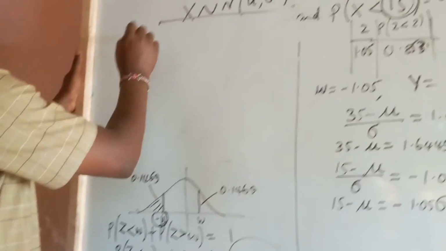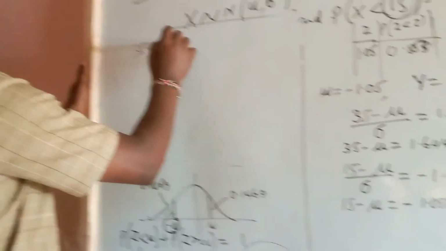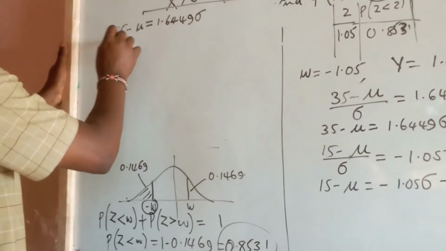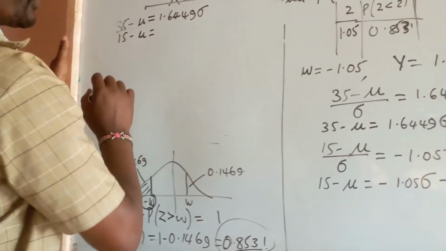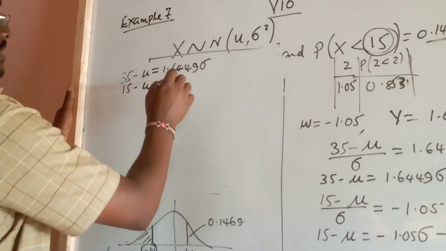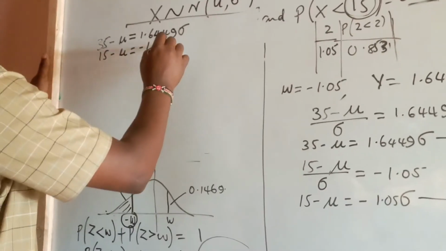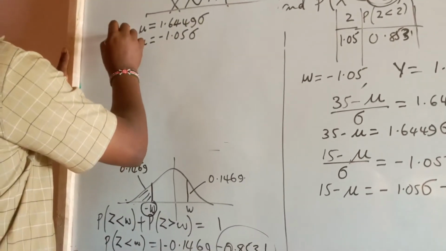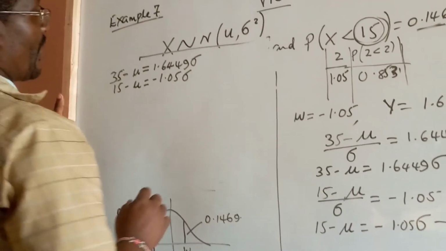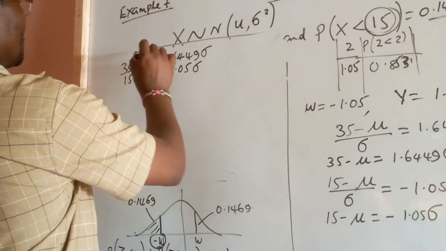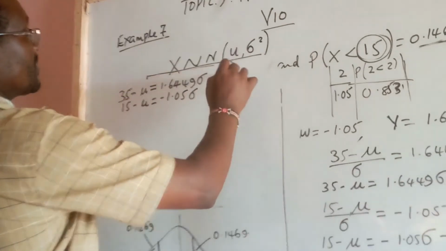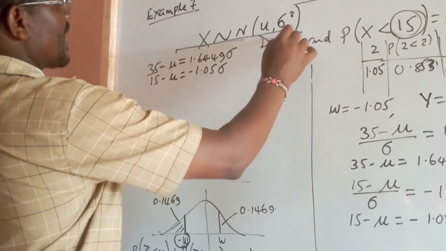And we have 35 minus mu is equal to 1.6449 standard deviation, and 15 minus the mean is equal to minus 1.05 multiplied by the standard deviation. In our early years, when we were solving simultaneous equations in year 9 and year 10, we came across the word DAS.